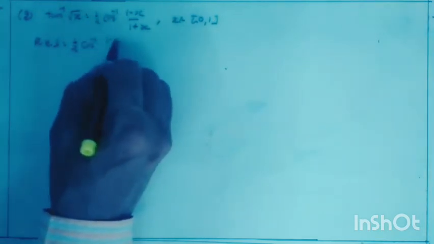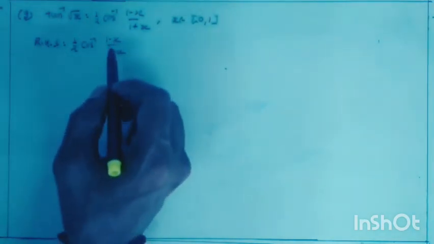Here we take the big side, the right hand side. RHS is equal to 1 by 2 cos inverse 1 minus x upon 1 plus x, and we get the small side, the left hand side.